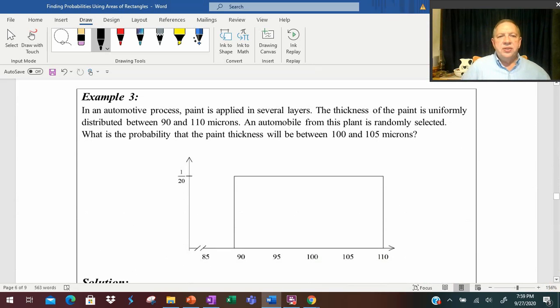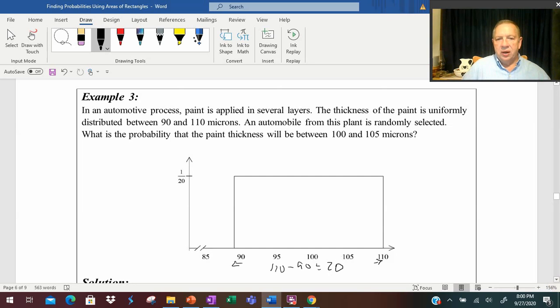In an automotive process, the paint is applied in several layers. The thickness of the paint is uniformly distributed between 90 and 110 microns. So notice that this width between there and there is 110 minus 90 is 20 microns.